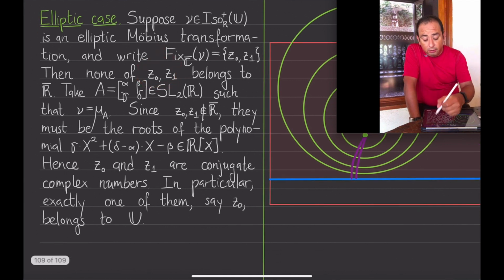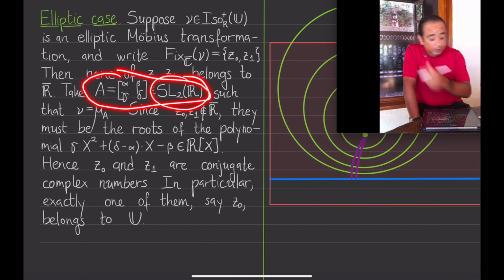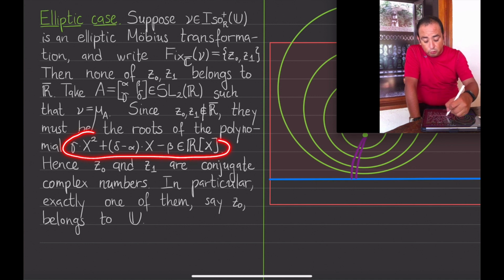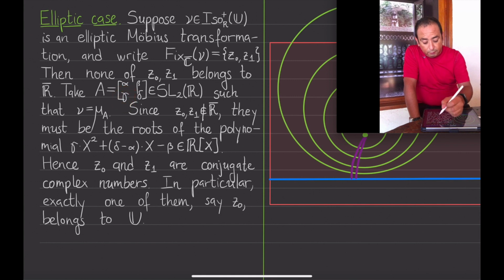Now let's take a matrix in SL2R. What matters is that it has real entries, so it is possible to represent the Mobius transformation with a matrix with real entries. But now the fixed points are just complex numbers, and they have to be the roots, as we saw some time ago, of this degree 2 polynomial. Gamma is not 0 because infinity is not a fixed point. Why is infinity not a fixed point?